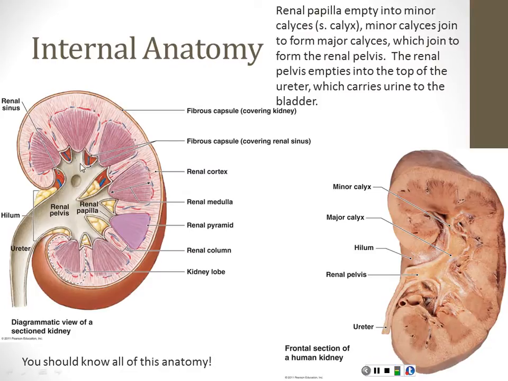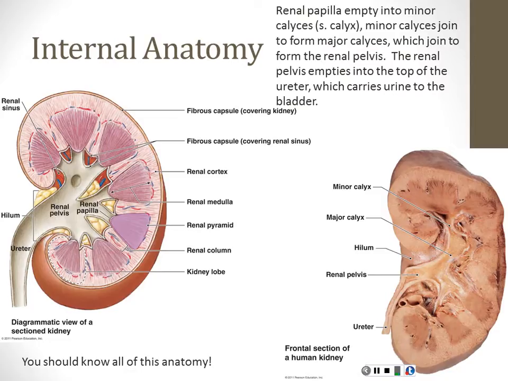The rest of it, so we have a cortex and a medulla. Okay, so this is cortex. So this is all medulla, right? You see how there's like two layers? Okay? And in the medulla, we have two different regions. We have these cone-shaped regions called renal pyramids, right? Because they're kind of pyramid-shaped. And then between the pyramids, we have these rectangular regions.